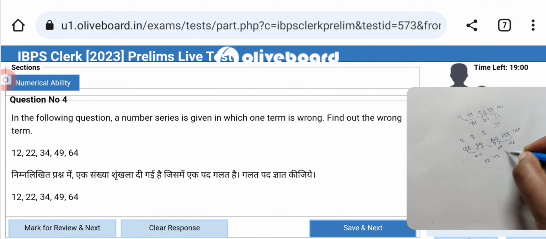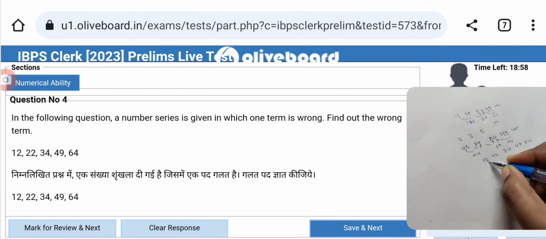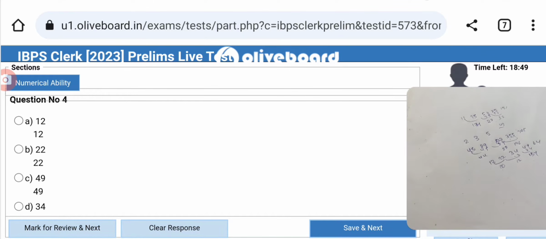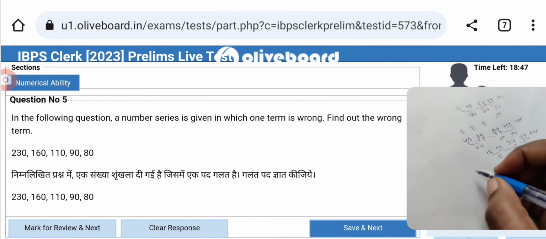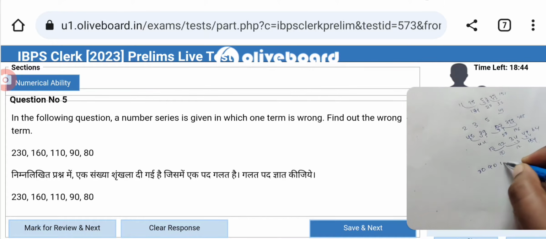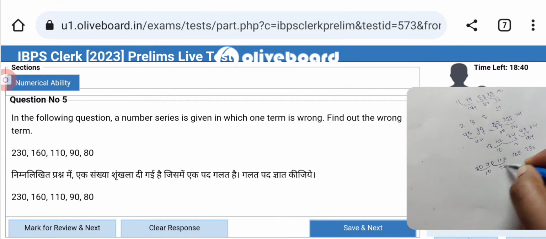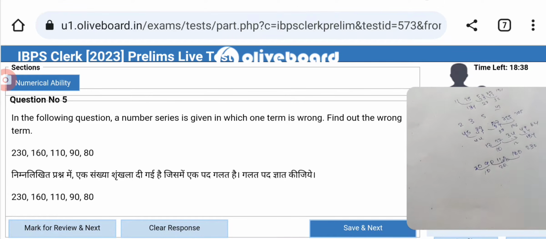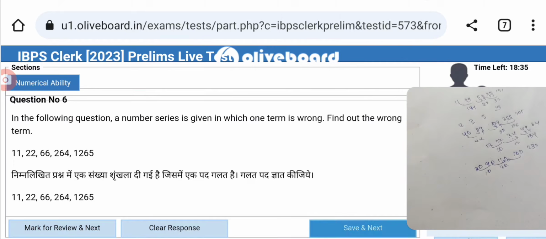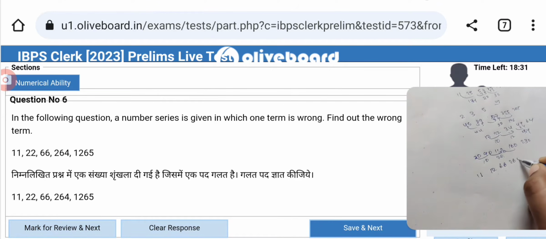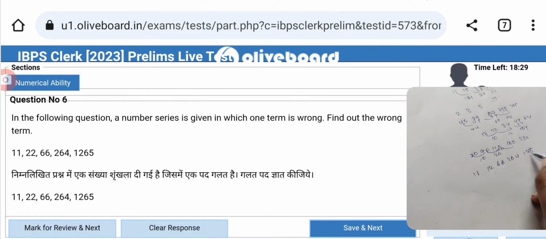12, 22, 34, 49, 64. 10, 12, 15, so 14, 49. 80, 90, 110, 160, 230. So 10, 20, 240 means 150, that is 160. 11, 12, 66, 264, 1265.